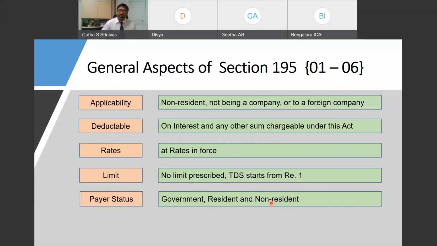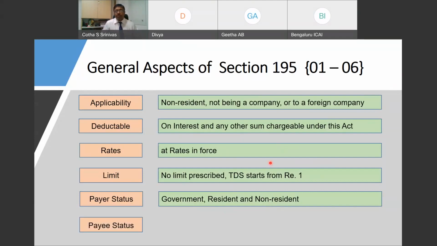Then the other non-resident who receives this income has income deemed to accrue in India, and the provisions of section 195 will be applicable. These are the situations where a non-resident making payment to another non-resident will be subject to tax in the hands of that non-resident.